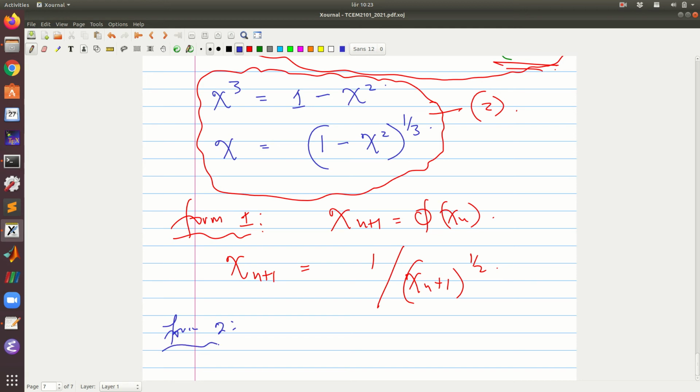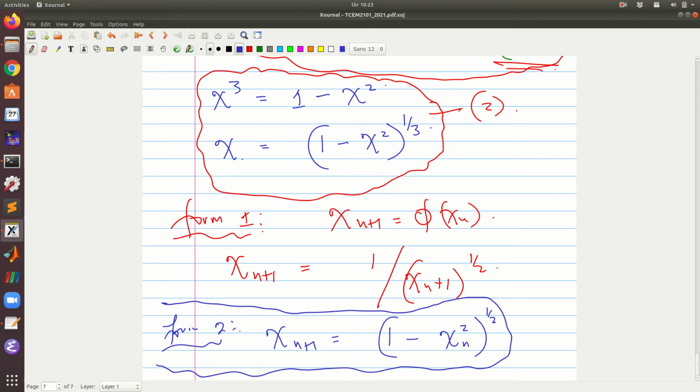For form 2, it's just a matter of saying that x_{n+1} equals (1 minus x_n squared) to the power 1/2. So we have our sequence from form 2, and then our sequence from form 1.